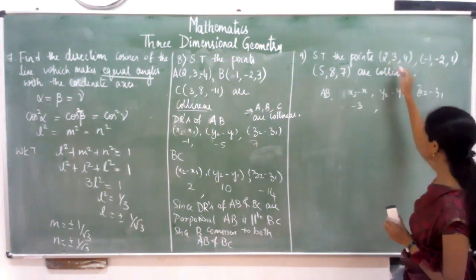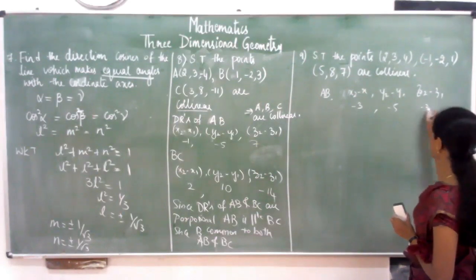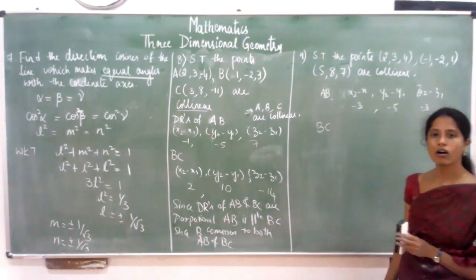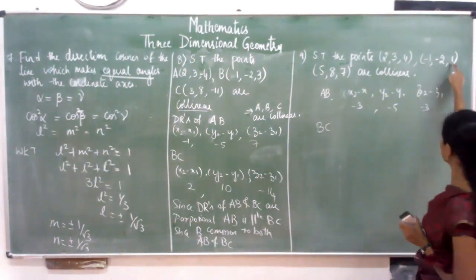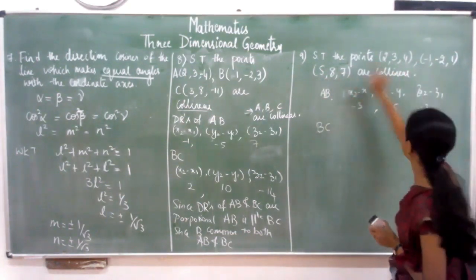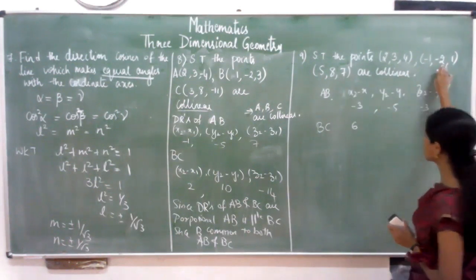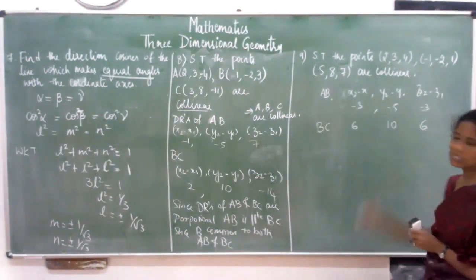Then minus 2 minus 3 is minus 5, and 1 minus 4 is minus 3. Next, let us find the direction ratios of the line joining B and C. Now this is x1, y1, z1 and x2, y2, z2. 5 minus of minus 1 is 6. 8 minus of minus 2 is 10. 7 minus 1 is 6.